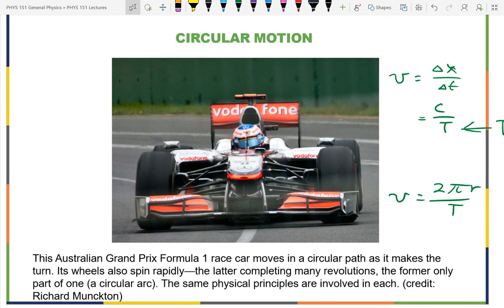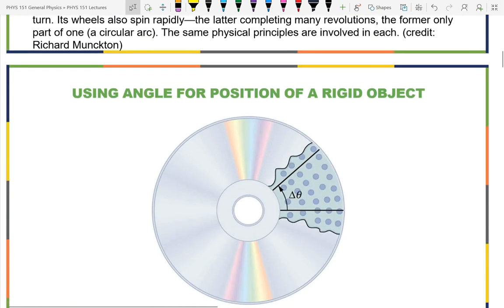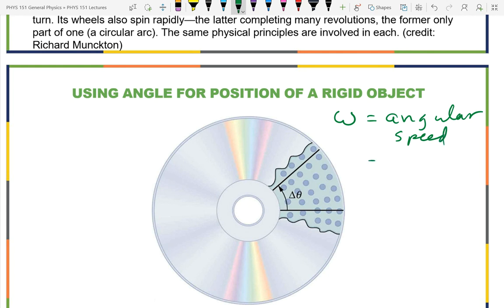Angular speed is defined as the change in angle divided by change in time. Now, what did I use here to indicate angle?